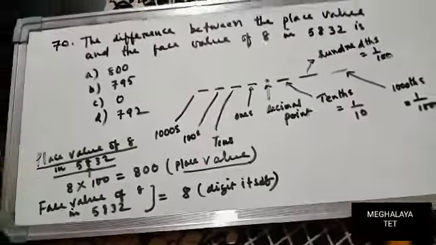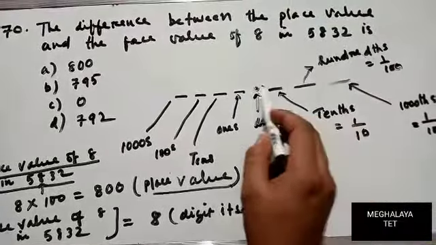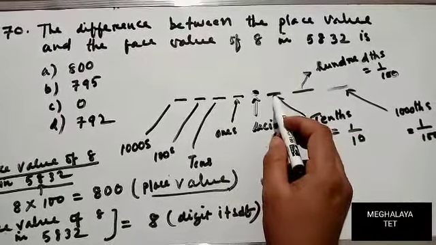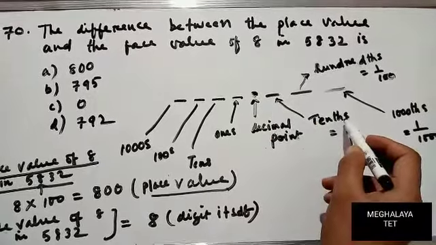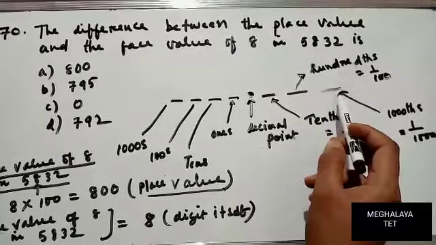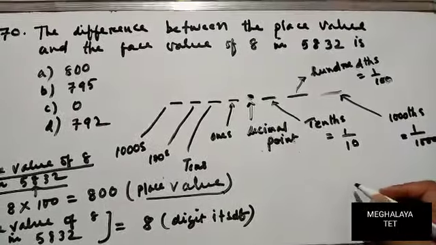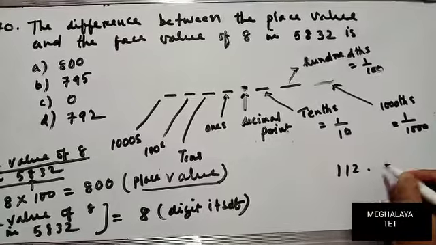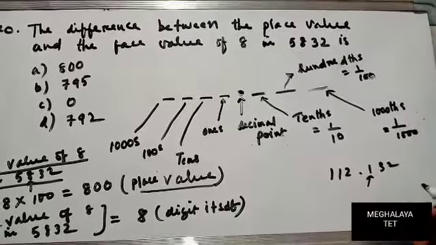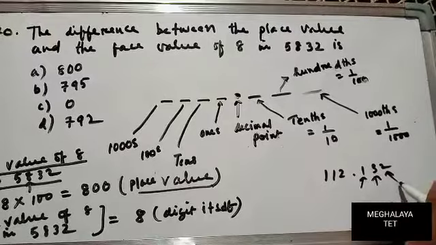In order to understand the place value and the face value, we have to understand first this one. This is the decimal point, and after that the number that comes is the tenths digit, then the hundredths, then the third one is the thousandths digit. Suppose I write 112.132, this one is the tenths digit, this one is the hundredths digit, this one is the thousandths digit.